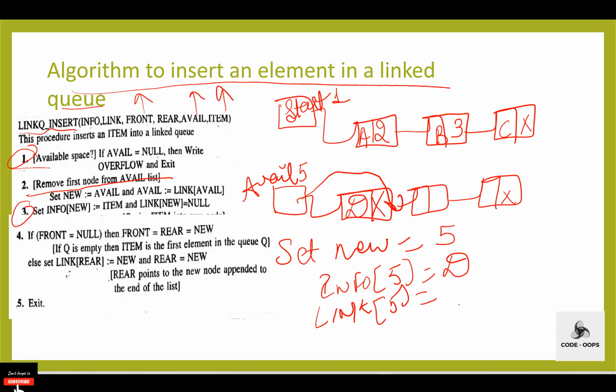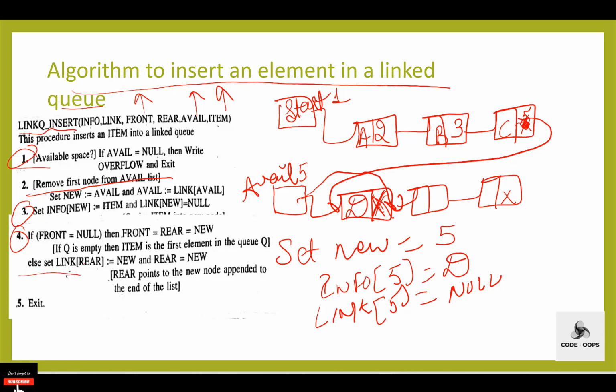Link of 5 is equal to null. If front is equal to null, that means queue is empty, then set front is equal to rear is equal to new. Now in this case, this condition is evaluated to be false. The queue is not empty.